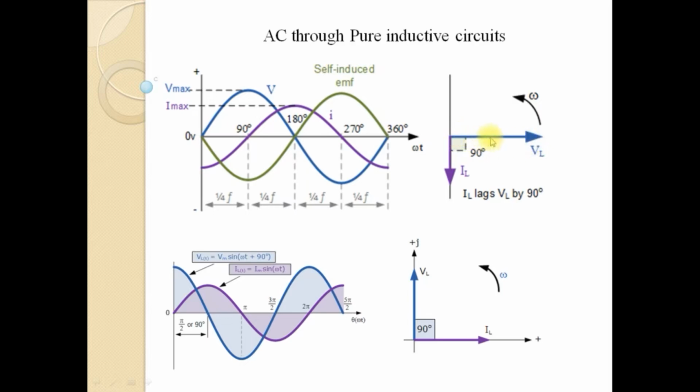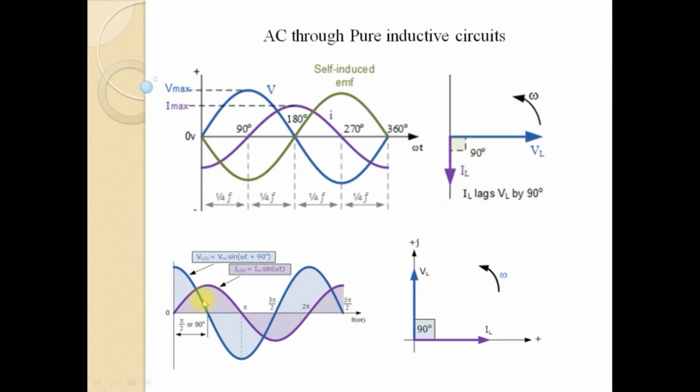Here VL is the RMS value of the voltage applied across the inductor, and IL is the current flowing through the inductor. Both represent RMS values. If you consider the voltage as reference, IL is lagging with respect to the voltage by an angle of 90 degrees.